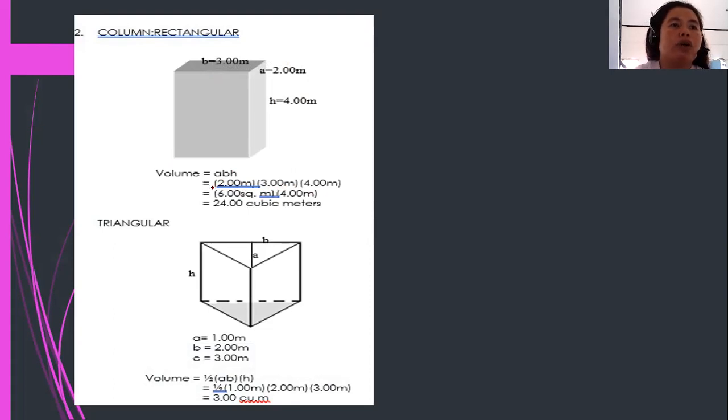So you are going to multiply all of these. The formula is V equals length times width times height.